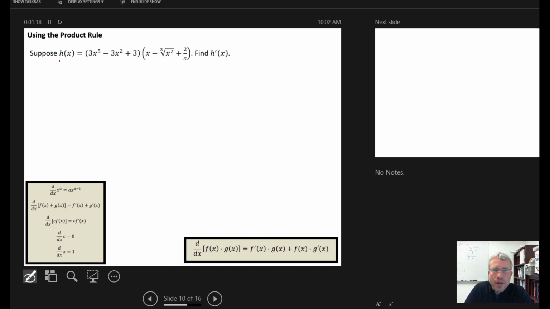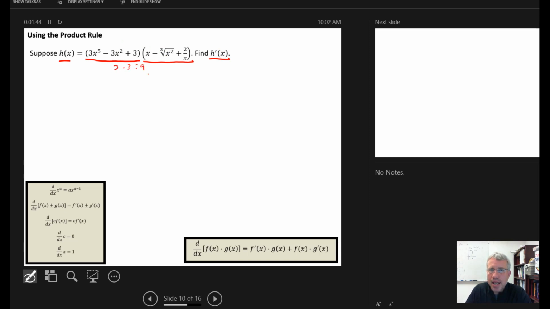So we have a function h of x that is the product of two functions. So we have an expression here with three terms times an expression or function here that has three terms. The directions indicate that we need to find the derivative of h. And we could find the derivative of h without using the product rule. We could actually multiply these two three-term expressions out. We have three terms here times three terms here.